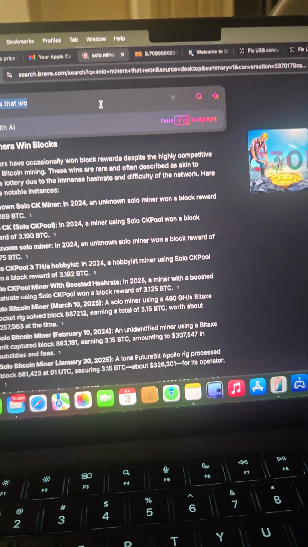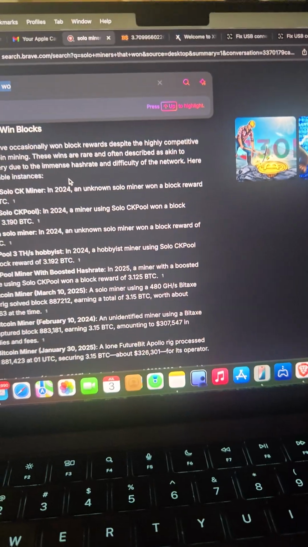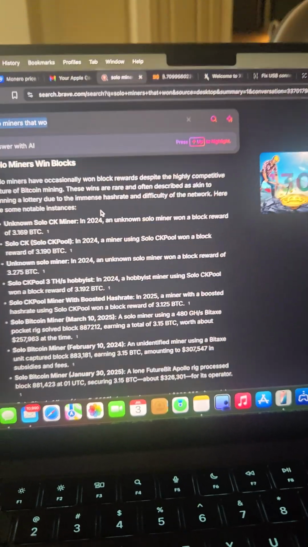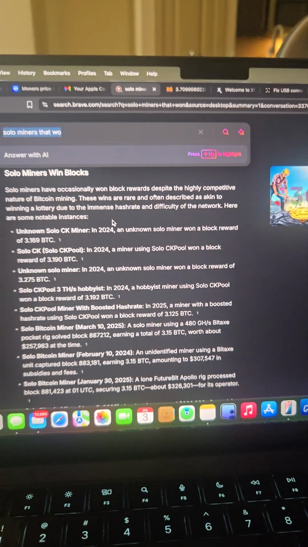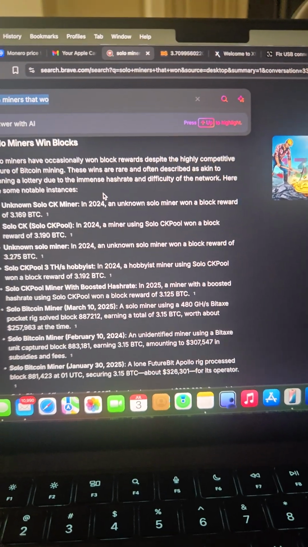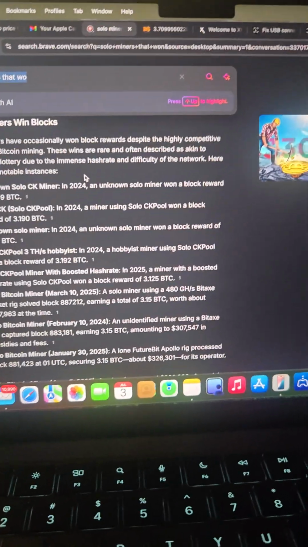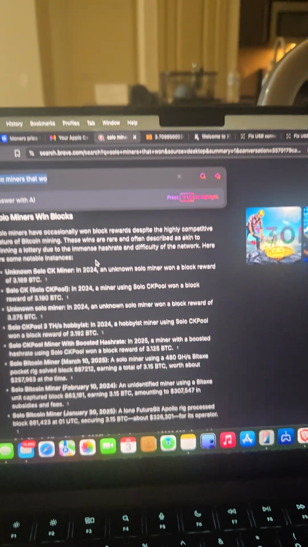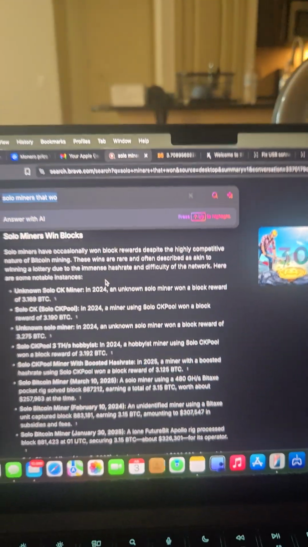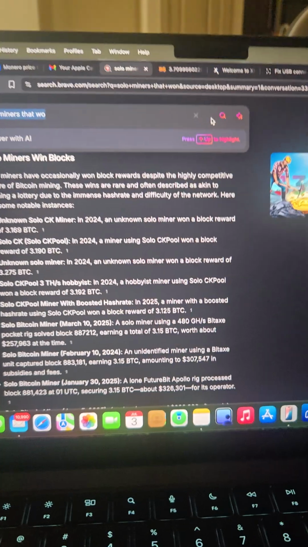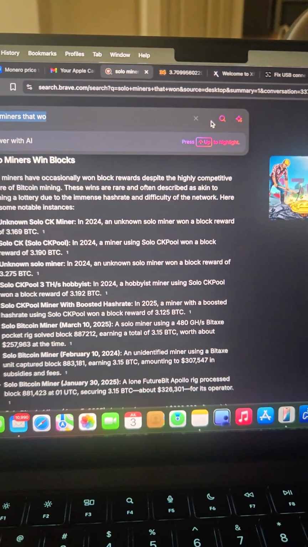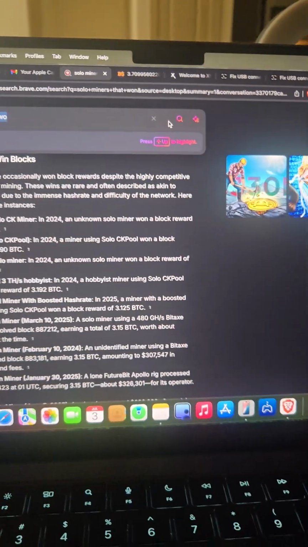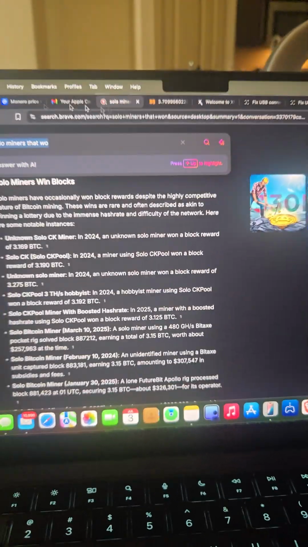Anyone can do solo mining with a small device that costs a fraction of a PlayStation 5, and they can make thousands of dollars overnight if they get lucky. So this makes it fair for everyone in the world to participate in this system.